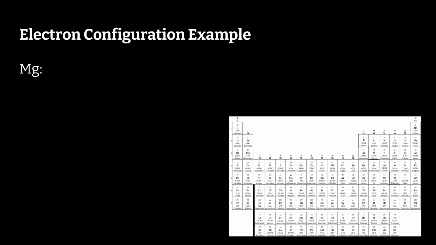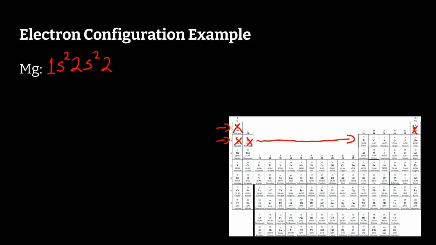Let's take a look at magnesium. Starting from energy level 1, we enter into the s block. We're able to hold 2 electrons, so 1s2. Moving to energy level 2, we enter into the s block. It's able to hold 2 electrons, so 2s2. Keep on going all the way across. We are still in energy level 2.